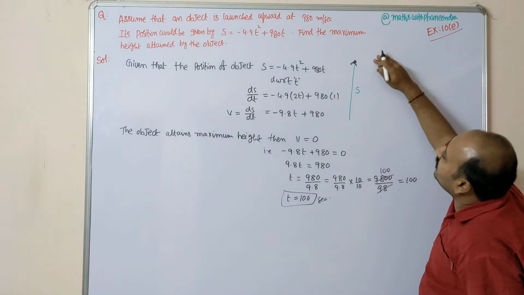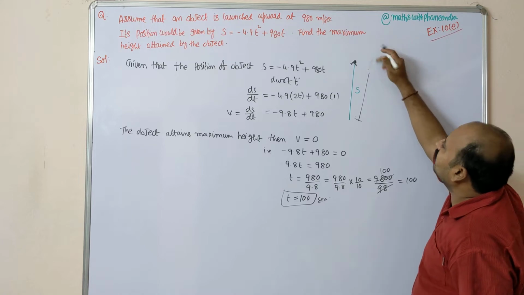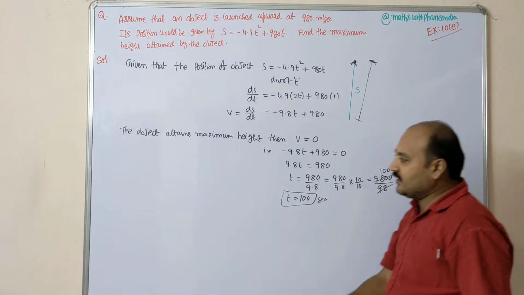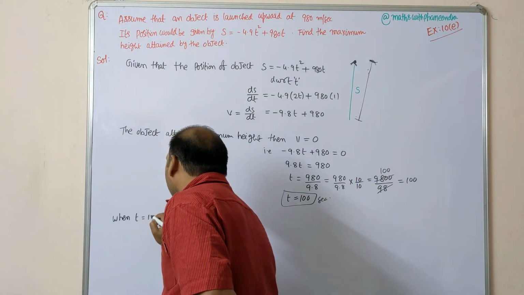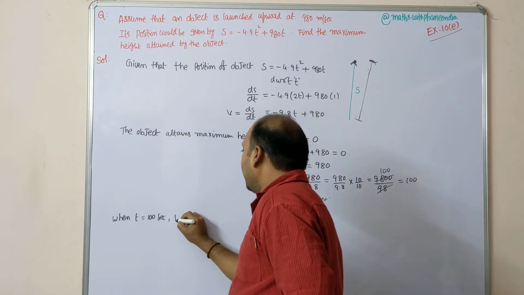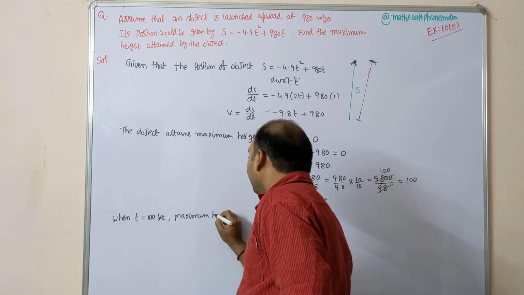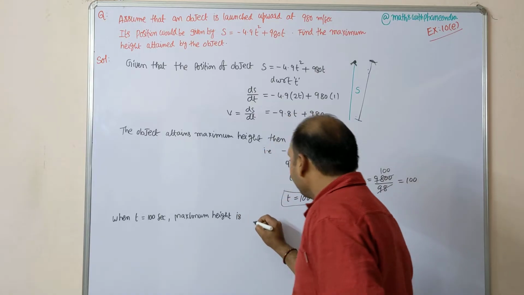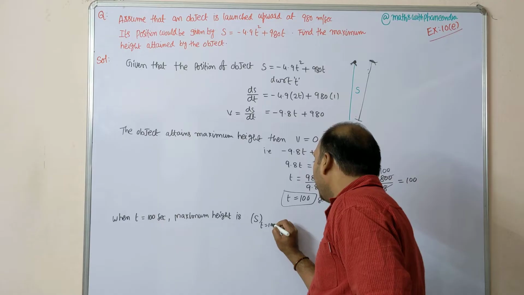That means from here to here how much it will be. From here to here how much distance is there. That only they are asking. When t is equal to 100 seconds, the maximum height is, so yes, at t is equal to 100.